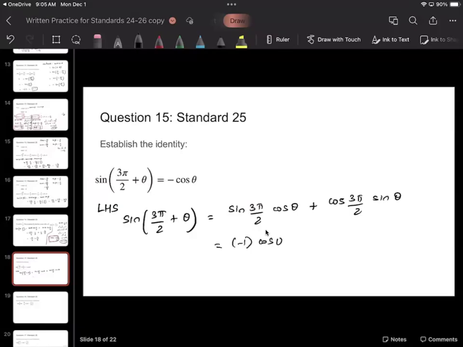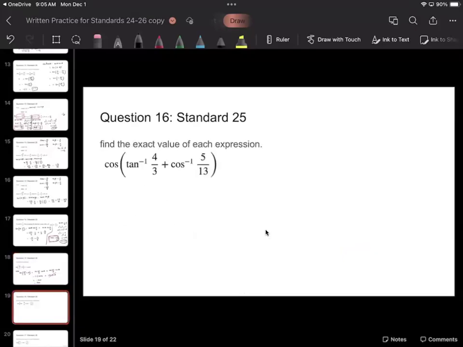Negative 1 times cosine theta. Cosine 3 pi over 2 is 0, times sine theta, so that expression goes away, because 0 multiplied with anything is 0. So this gives you negative cosine theta, which was the right-hand side, because negative 1 times cosine theta is just negative cosine theta.